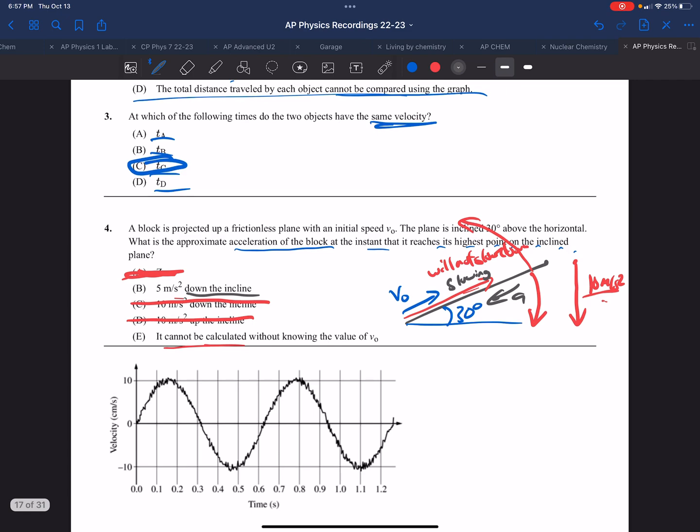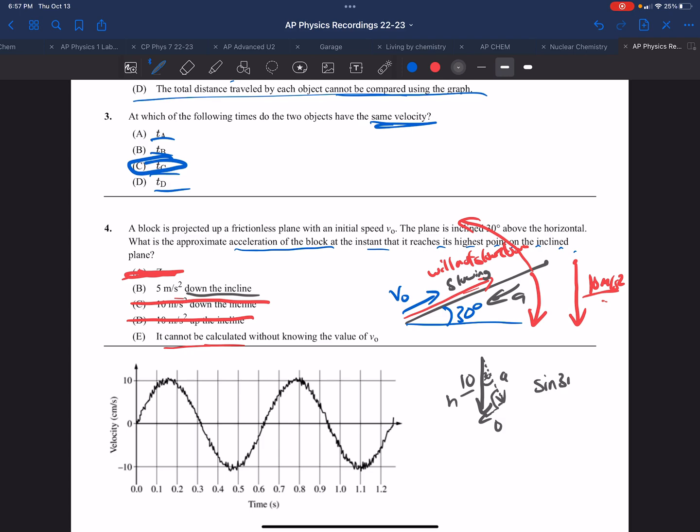Well, we know the acceleration is 10 meters per second squared straight down. And that acceleration could be broken into its two components. And of course, we know this angle that I'm drawing here is 30 degrees. And this is the hypotenuse. This is the opposite of 30, and this is the adjacent.